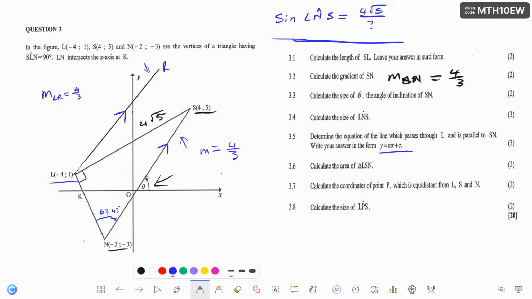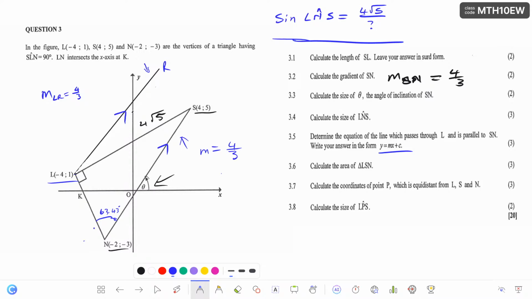So the next question, they said, calculate the area of a triangle LSN. In order to calculate this area, since we have this height, we don't have our breadth, we can simply calculate our breadth, and then that's it.